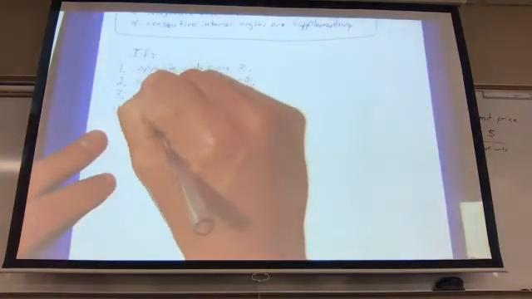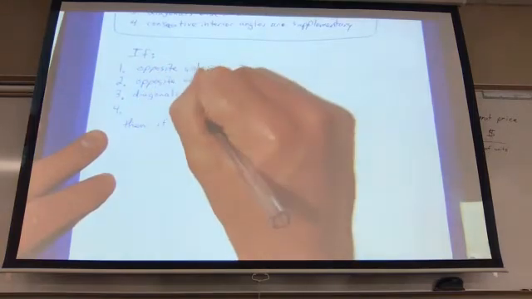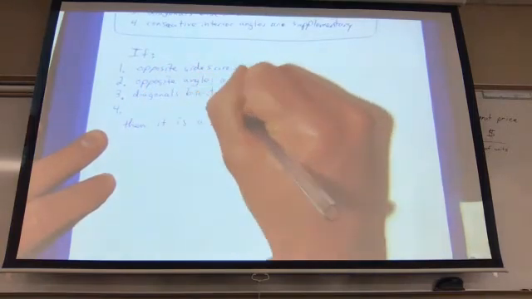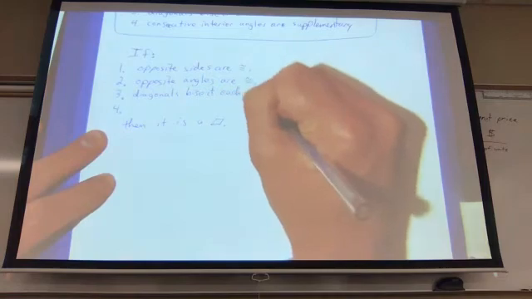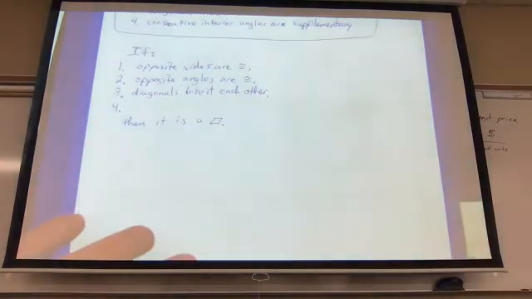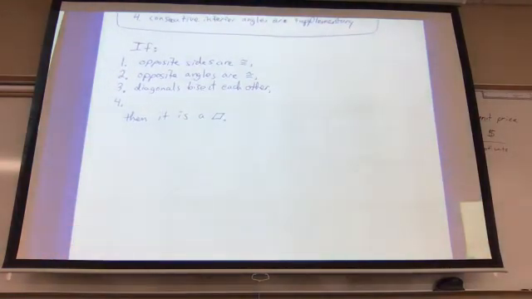Diagonals bisect each other. If the diagonals bisect each other, then it's a parallelogram. So those are nothing new to you. Those are just converse theorems you had back in section 6.2.